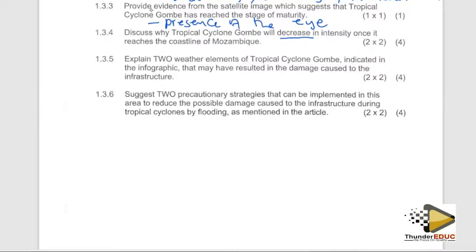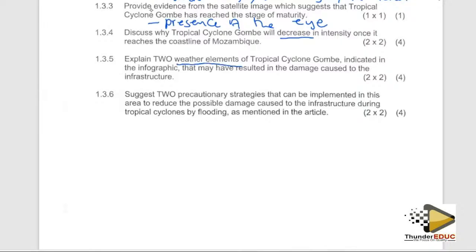Question 1.3.5, it says, explain two other elements of tropical cyclone Gombe indicated in the infographic that may have resulted in the damage caused to the infrastructure. Right, so they are asking for the weather elements, right? We're going to talk about weather elements here.